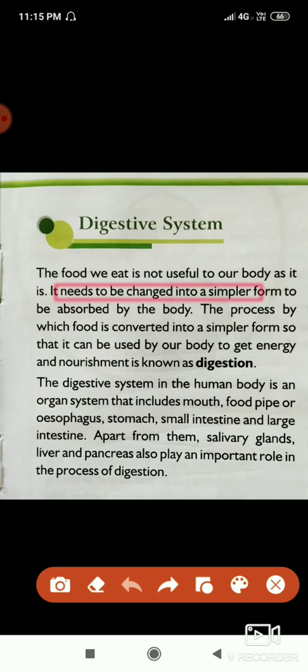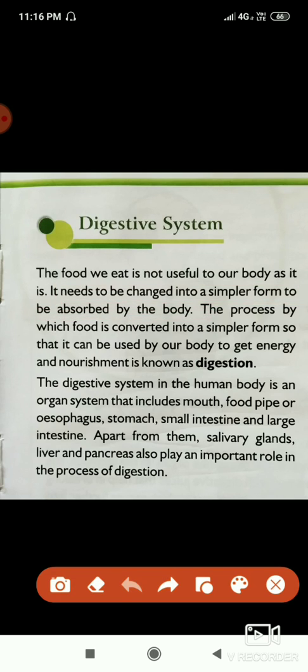It needs to be changed into a simpler form to be absorbed by the body. When we eat food, the food particles are big and do not digest directly. So in the digestion process, they need to be changed into a simpler form to be absorbed by the body.